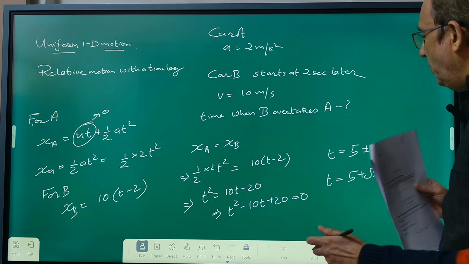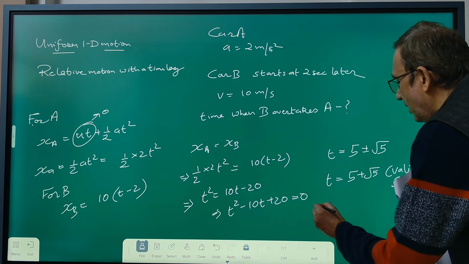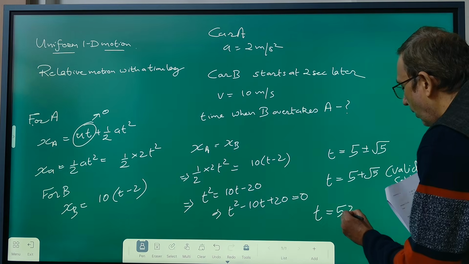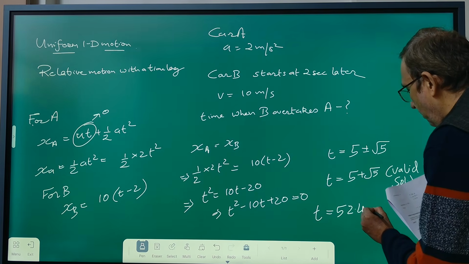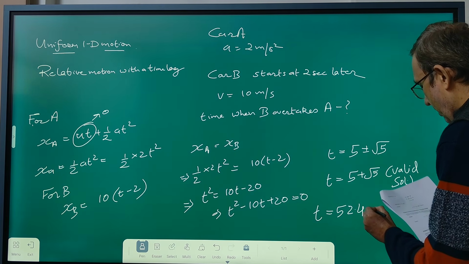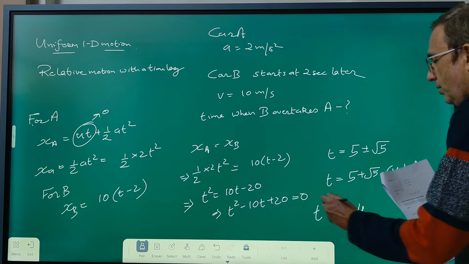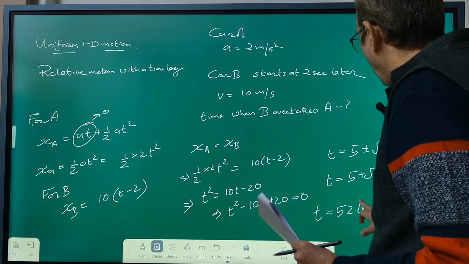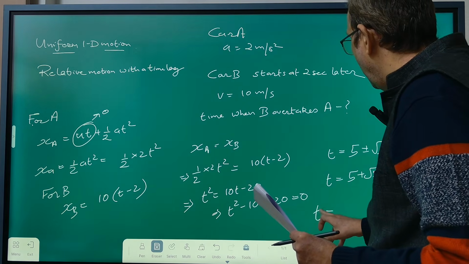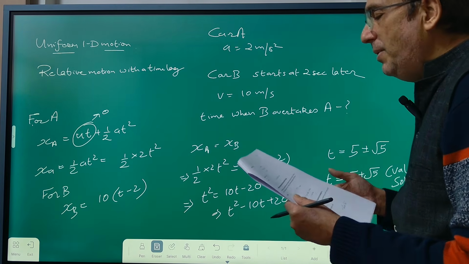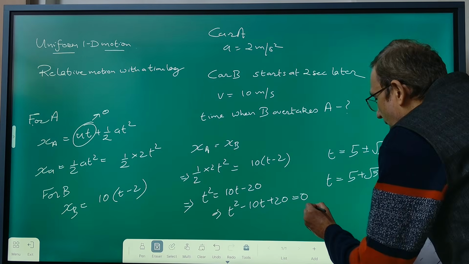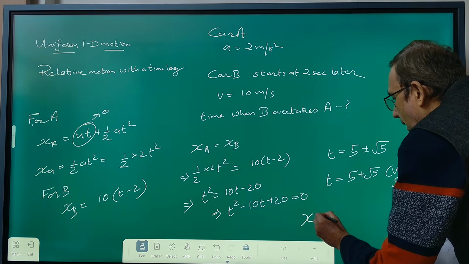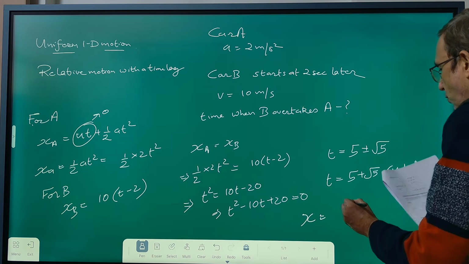Okay, and when you calculate it, rather, no, this is not the calculation. Let me just remove this. What is asked is the distance. So the time is given to you. So the position x is equal to t square.